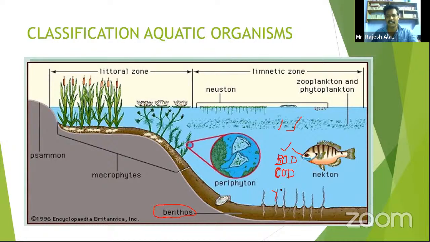That analysis is nothing but chemical oxygen demand. Simply it is a chemical analysis. Different types of chemicals may be present. So based on the types and the volume of chemicals mixed in the aquatic ecosystem, we can come to a conclusion whether the water is pure or impure. If the level of chemicals is very high, then the purity percentage is very low.